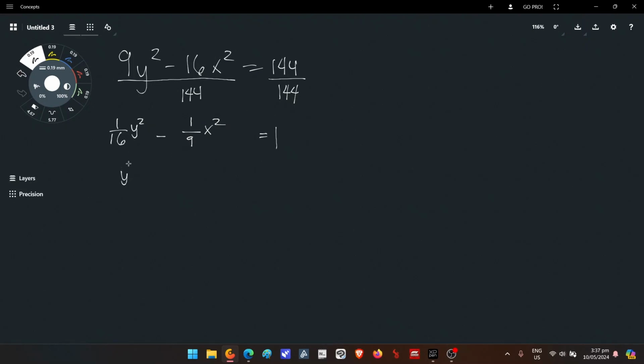And you can write this as y squared over 16 minus x squared over 9 is equal to 1.